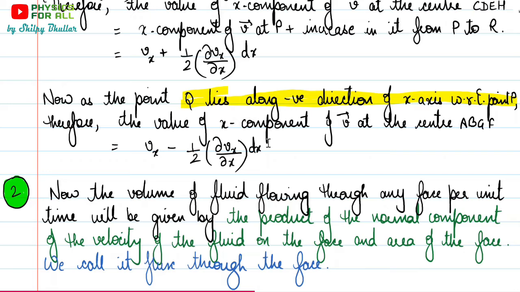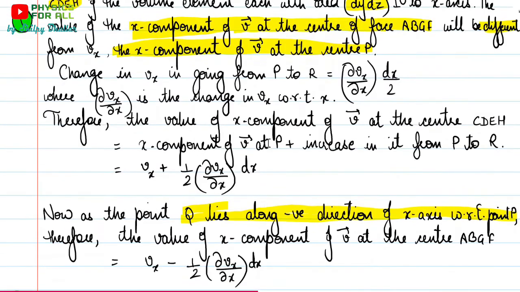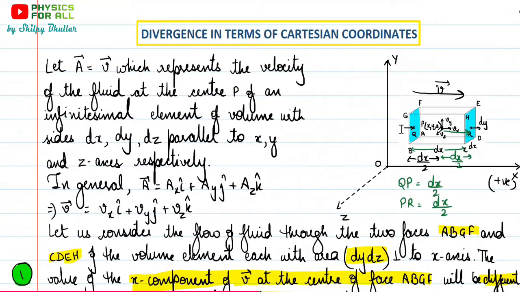But if we want to find the volume of fluid flowing through the faces that we have considered per unit time, then for that we need two more directions. We consider these two faces. We have got the x component because we know that via these two faces, the only change that was occurring was along the x-axis.